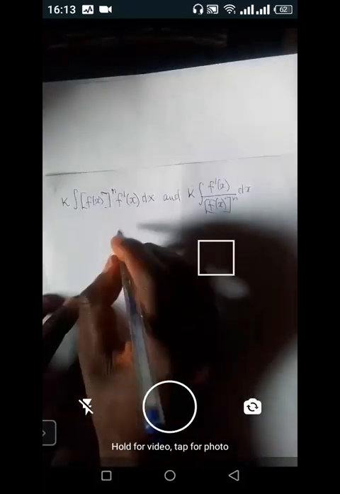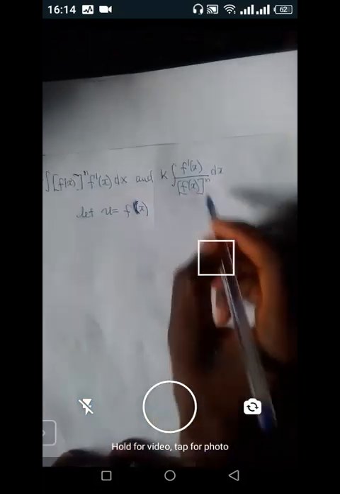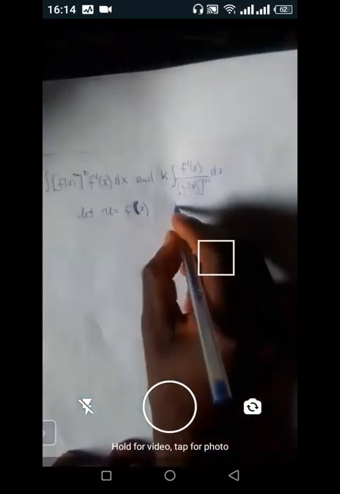For this one here, you can substitute. You can let it be any letter, but we are used to u. So you can let u equal to f of x in this case. f of x, not f prime of x, f of x. And then you can substitute your dx by something in terms of du.